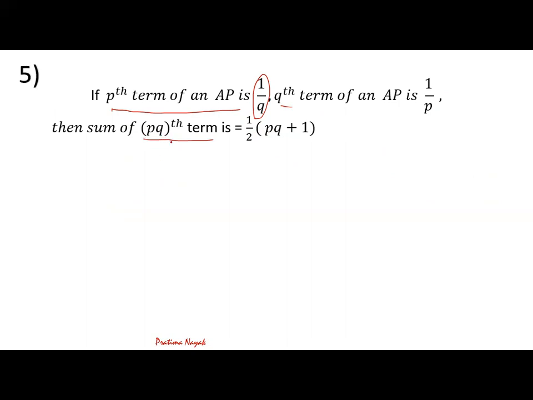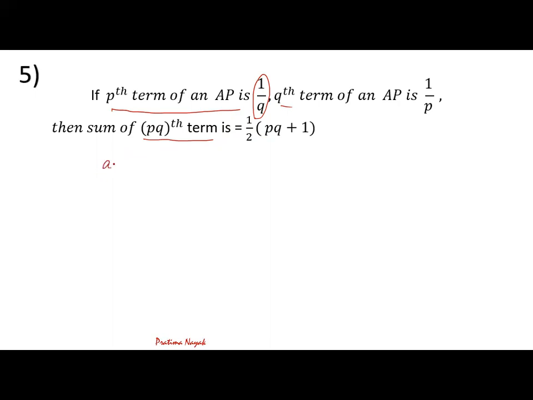You compile this, write it down, and apply it in the question. After doing this, we'll go to solve questions. Let us see how you can retain this fact in your memory and solve it. So the sum of pq terms is half of (pq plus 1).